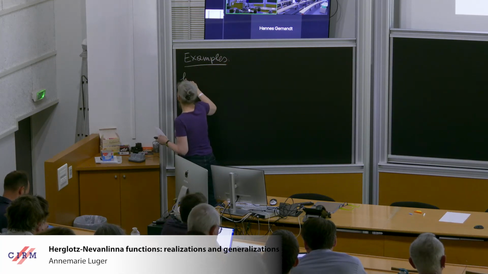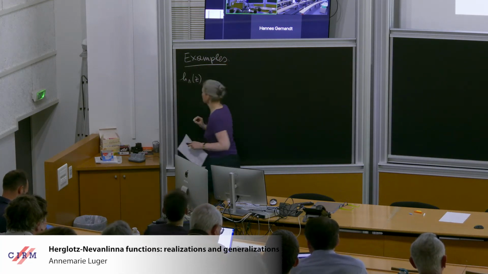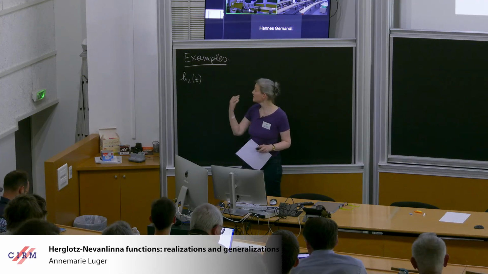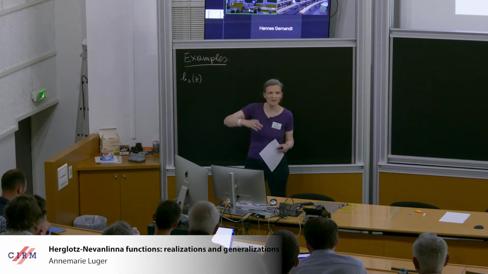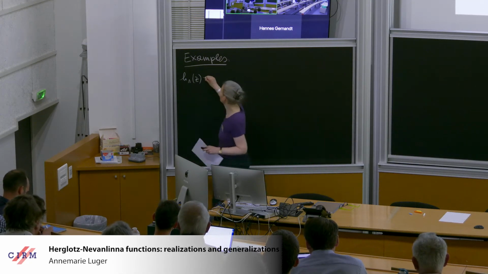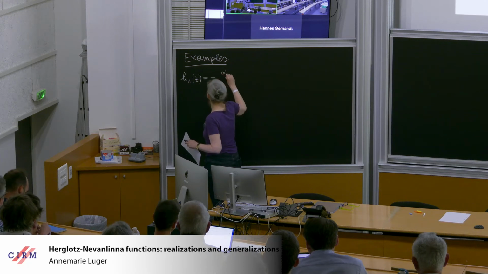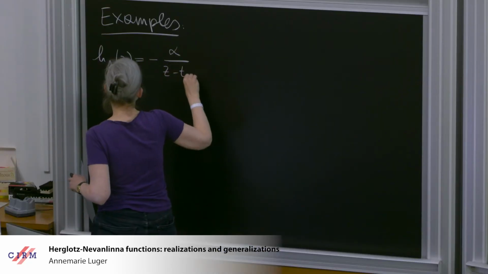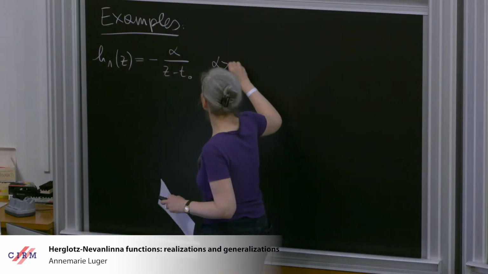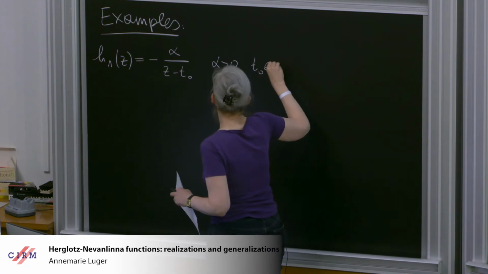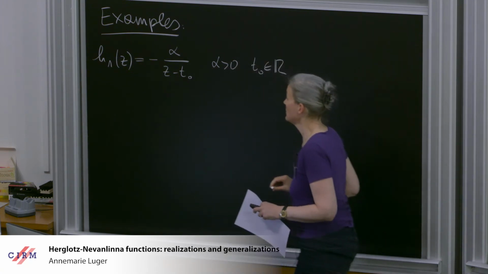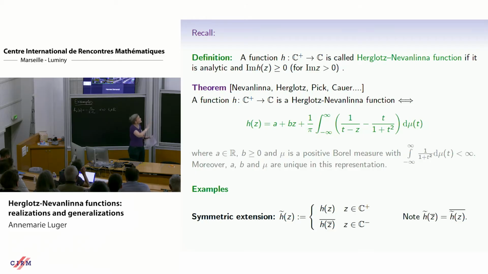My first one is, so to say, the one that is building up all the other functions, namely minus alpha over theta minus t0, where alpha is a positive number and t0 for the moment is a real number. This corresponds in the integral representation to the point measure at the point t0.